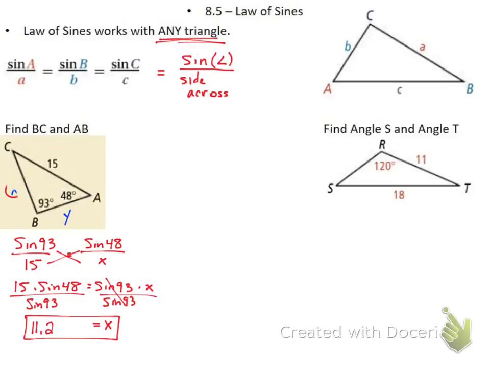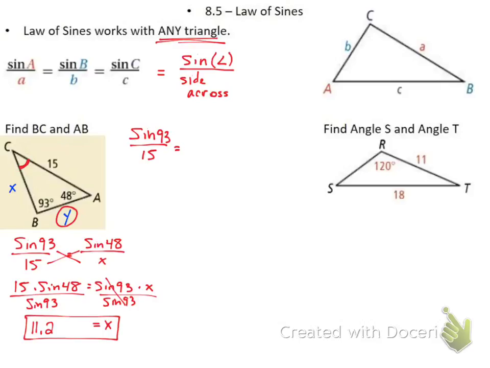And then I can do the same thing to figure out what Y is equal to. If I wanted to figure out what Y was equal to, again, I would still use the 93 and the 15. I'd still use the same left-hand side. So I could go the sine of 93 over top of 15 is equal to, and then on the other side, if I want to figure out what Y is, I need to figure out what this angle is first.